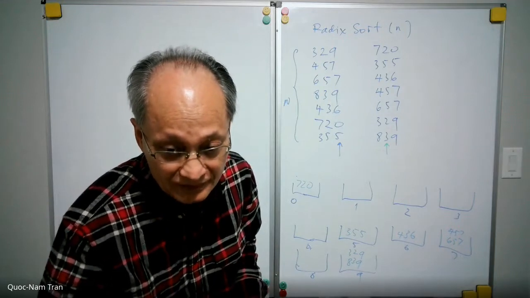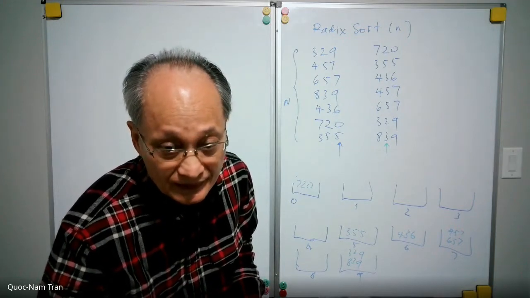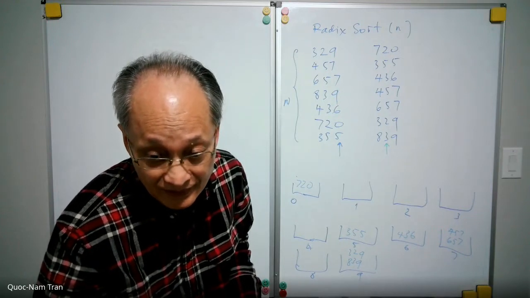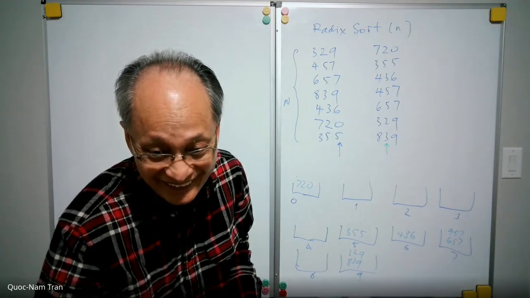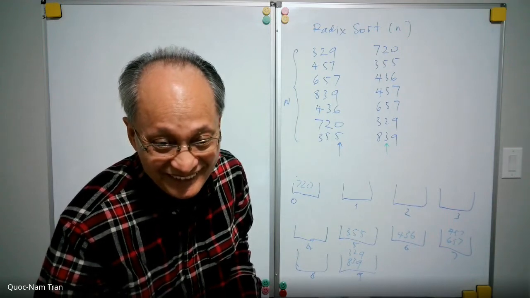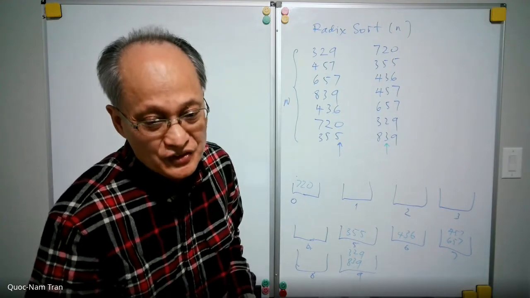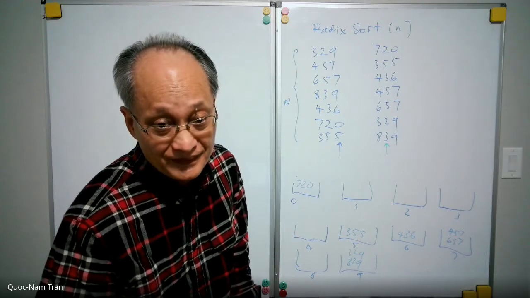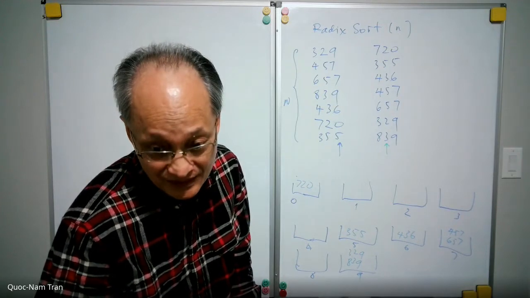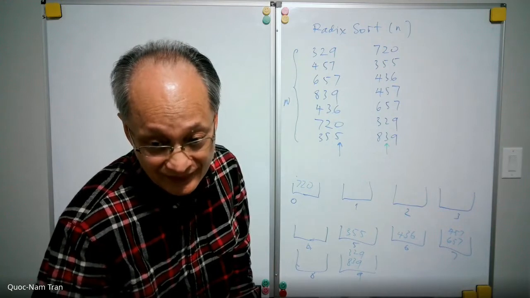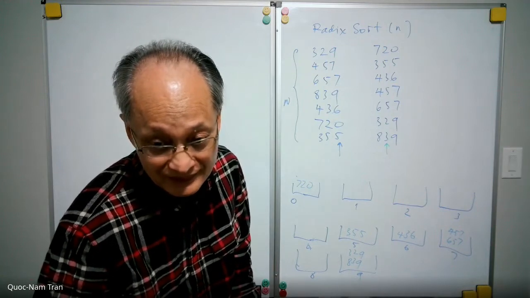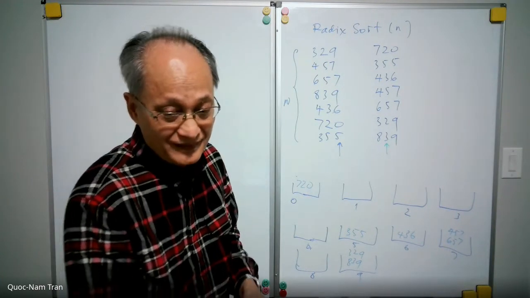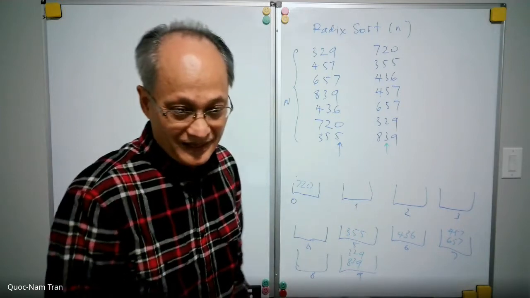Okay, 729. 329. Okay. All right, so let's see what we have. It should be 720 first, right? So 720 first, and then 329, 436. Okay, so let me write it down here, and then you compare with what you have, right?